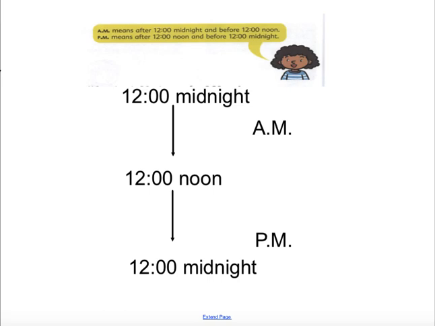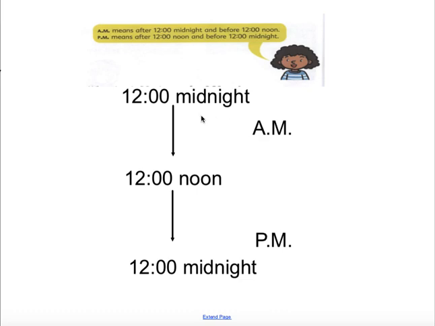Before we get started, I want us to look at this diagram here. 12 midnight is considered to be the start of one full day, which includes both nighttime and daytime. In a full day, the hour hand travels around the 12 twice.